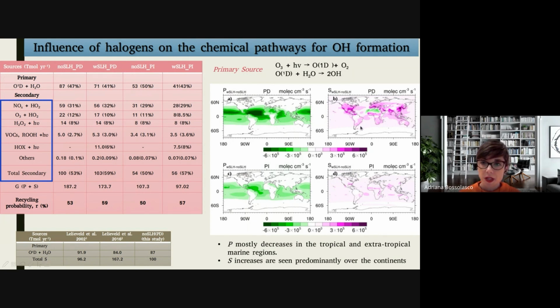But there is also an increase of secondary source in the continental regions, more in the northern hemisphere again. And if we compare the change in present day with pre-industrial, the change in pre-industrial is lower because we have less NOx emissions in pre-industrial, and also because there are no anthropogenic SLH emissions.